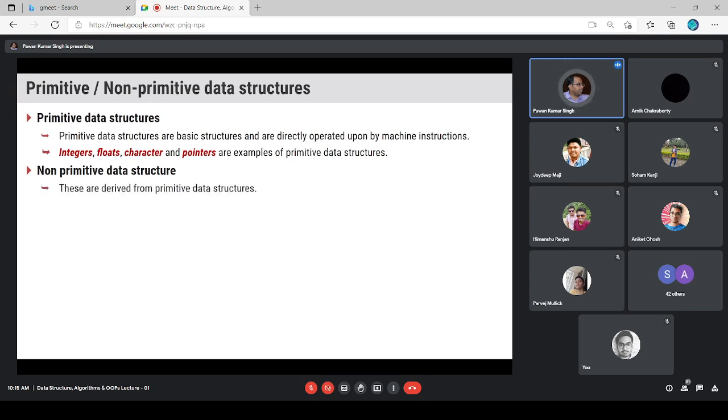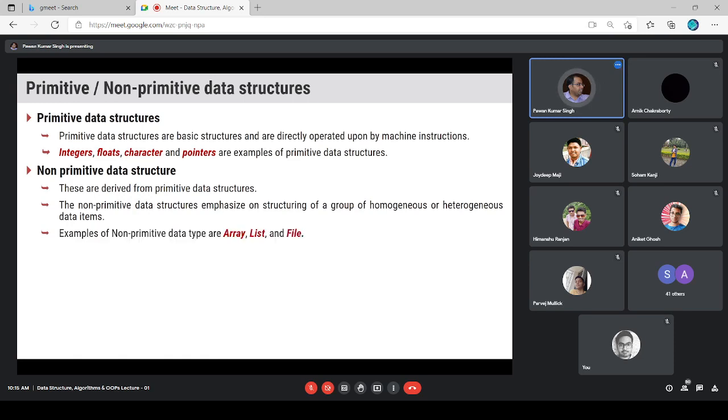And then comes the non-primitive data structure. What are the non-primitive data structures? These data structures are derived from your primitive data structures. And the non-primitive data structure mainly emphasizes structuring a group of homogeneous or heterogeneous data items. Some examples are array, list, and file.